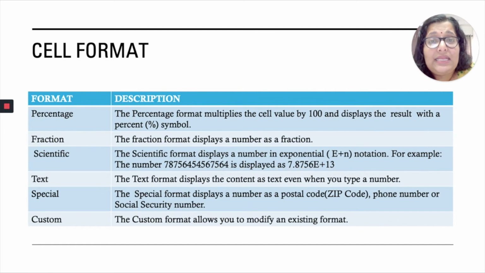Scientific. The scientific format displays a number in exponential e plus n notation. I will explain with the help of an example. For example, the number is 78756454567564. If you count the digits, there are 14 digits in this number.